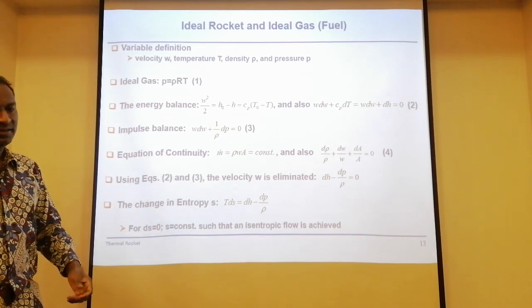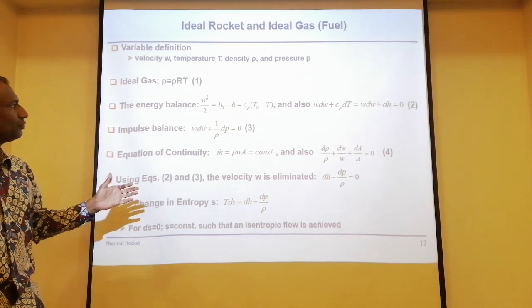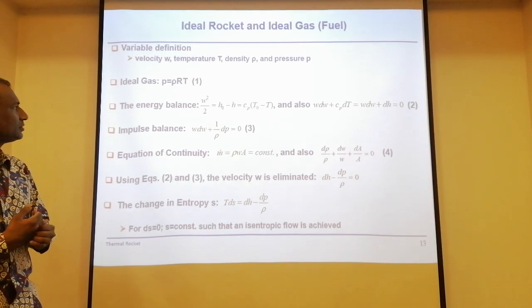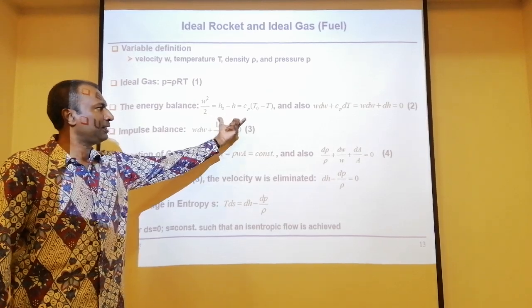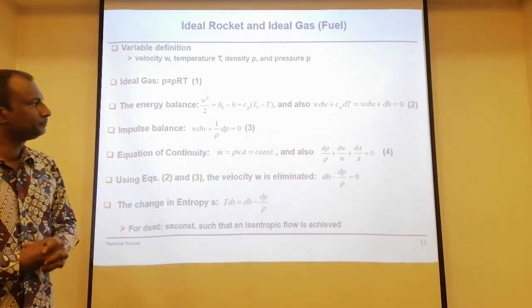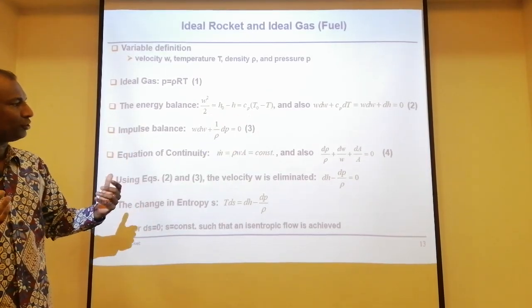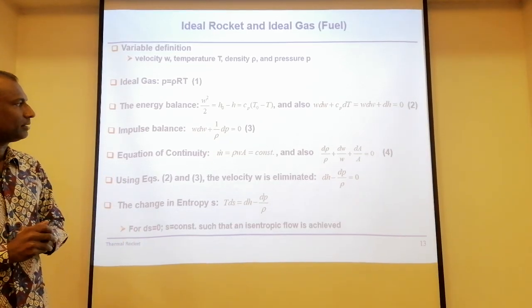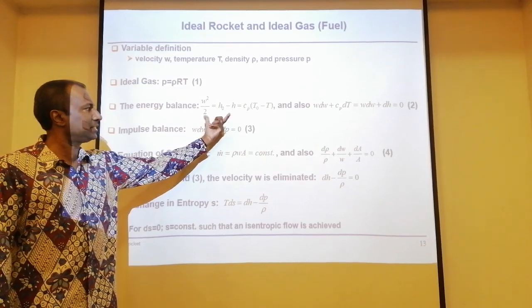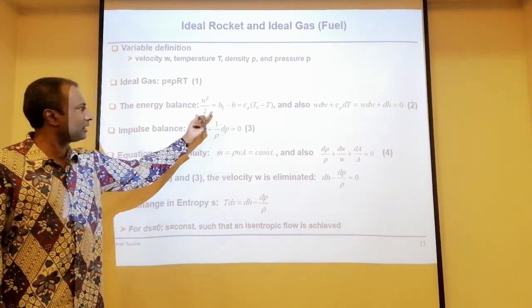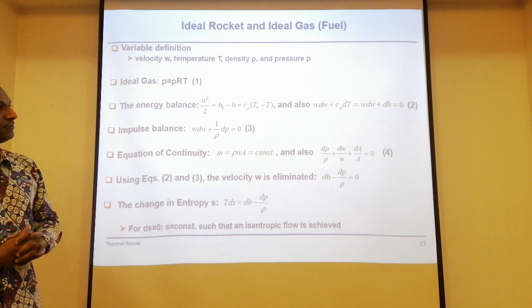Now the ideal gas equation, PV, I think all of you know, equation 1. Energy balance, practically CP is constant pressure, or CV is constant volume. I think you know this from thermodynamics. In the energy balance, we can say this is a delta enthalpy, and it is related to your exit velocity.